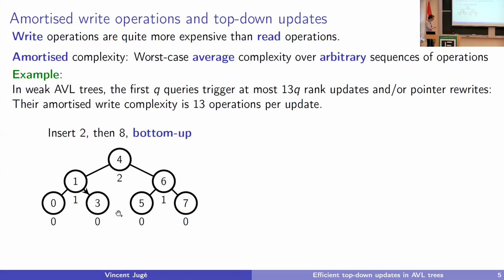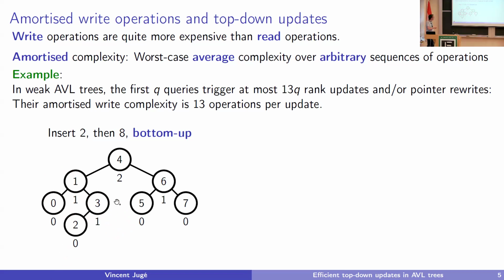So I pause at number 3, and now I create my new leaf. I have stored the ranks, that is, what I would like to be the height of the node. Now I have a problem because the height of 3 is obviously incorrect. This one is incorrect too, but it's less obvious because you cannot see it from a local point of view. But the height of 3 is definitely incorrect, and it's easy to check.